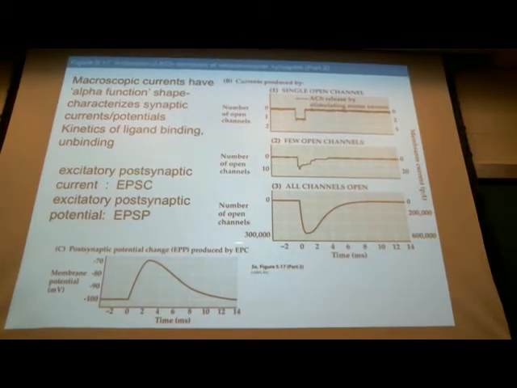This is characteristic of the synaptic current, and then the synaptic membrane potential basically follows the current.